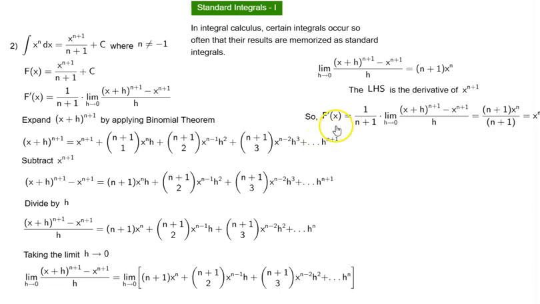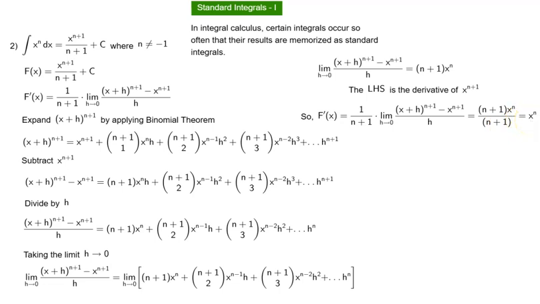So we can say f prime of x is equal to 1 by n plus 1 times the limit h goes to 0 of this term, which is equal to n plus 1 x to the power of n divided by n plus 1. Now here remember 1 by n plus 1 and n plus 1 x to the power of n. n plus 1 cancels out and we are left with x to the power of n.